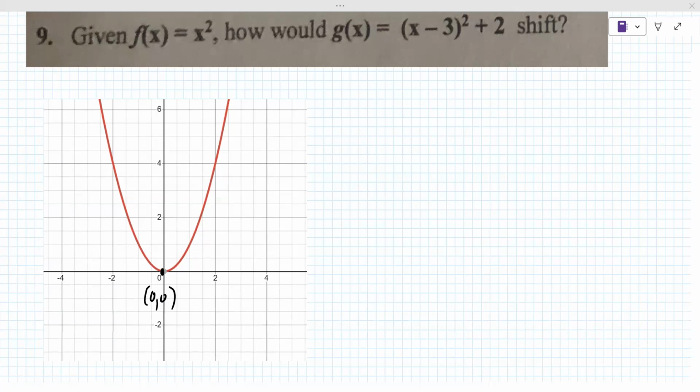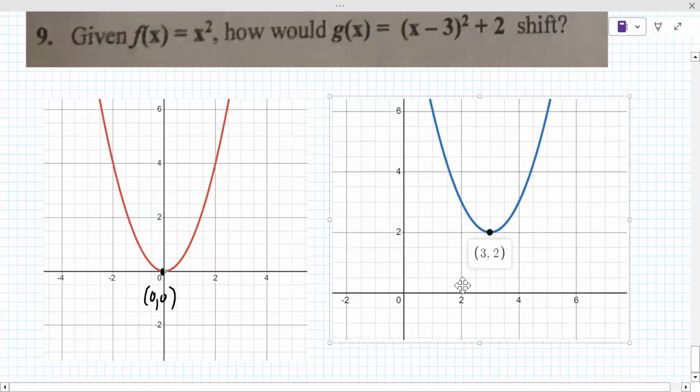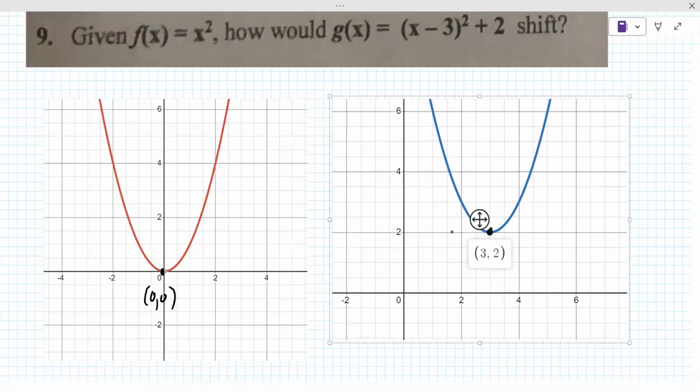And let's check that. Always good to get a picture. You know, people like to see things. People are visual. What happened to the vertex?